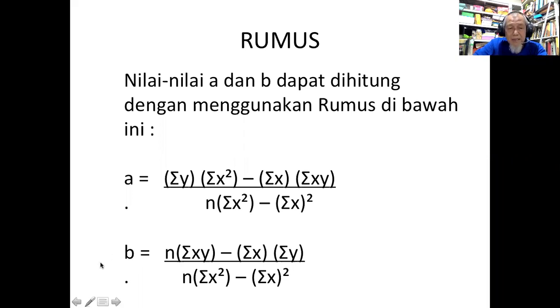To find out the regression coefficient, here is the formula: n, the sample size, times the sum of xy, minus the sum of x times the sum of y, divided by n times the sum of x squared minus the sum of x, squared.